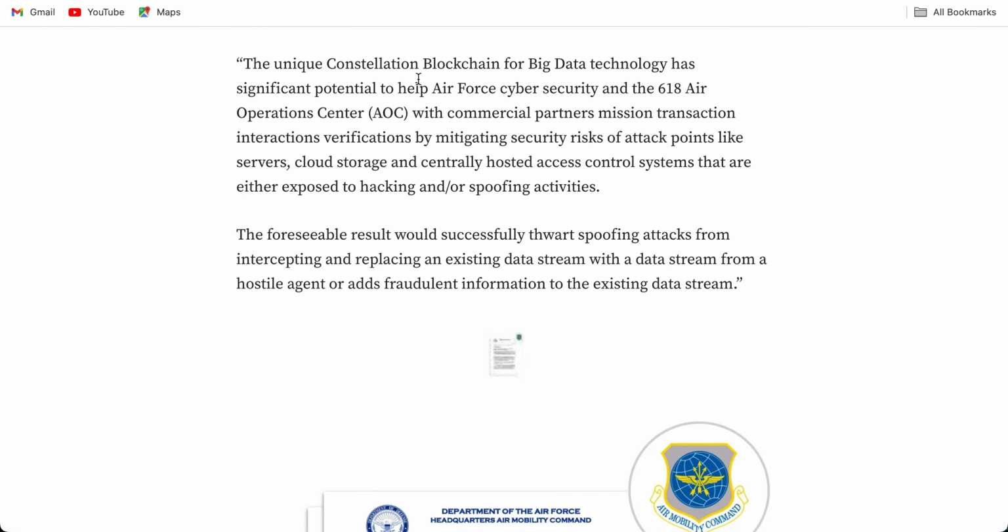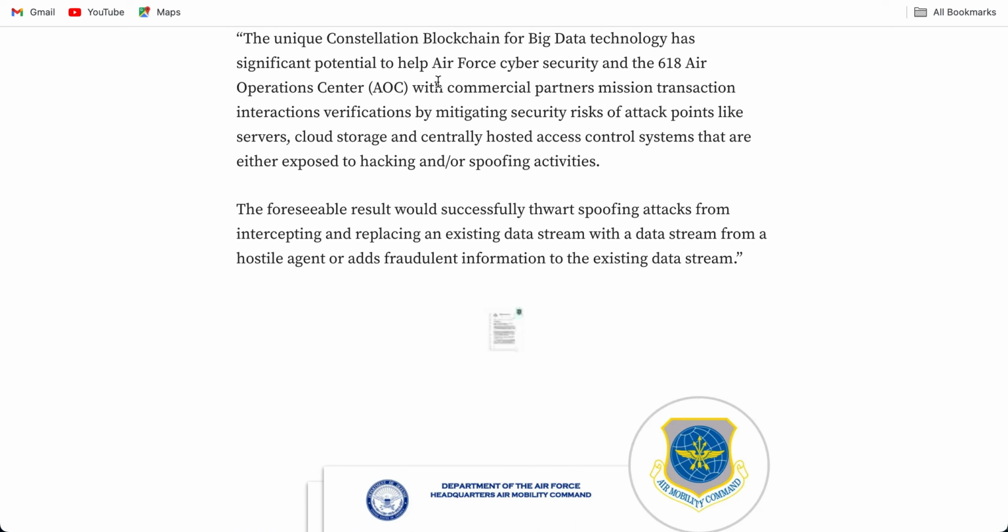The unique Constellation blockchain for big data technology has significant potential to help Air Force cybersecurity and the 618 Air Operations Center with commercial partners' mission transaction interactions verifications by mitigating security risks of attack points like servers, cloud storage, and centrally hosted access control systems that are either exposed to hacking or spoofing activities.